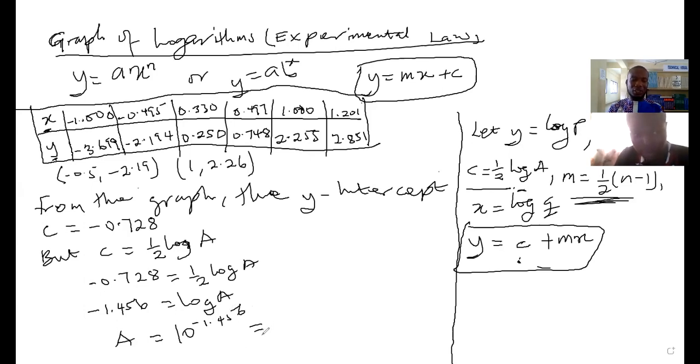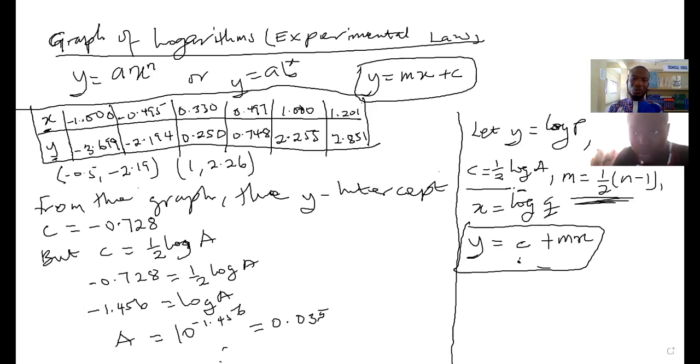And that will give us 0.035, to one significant figure.